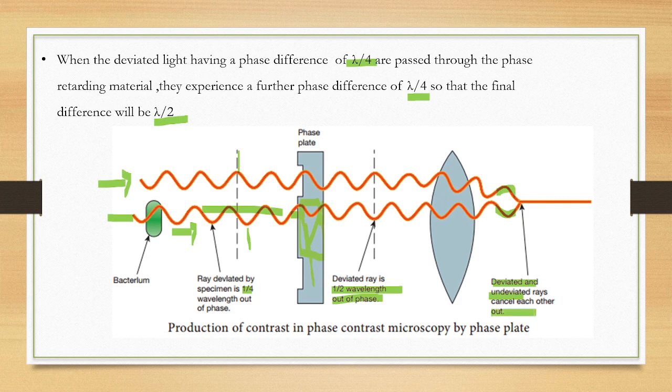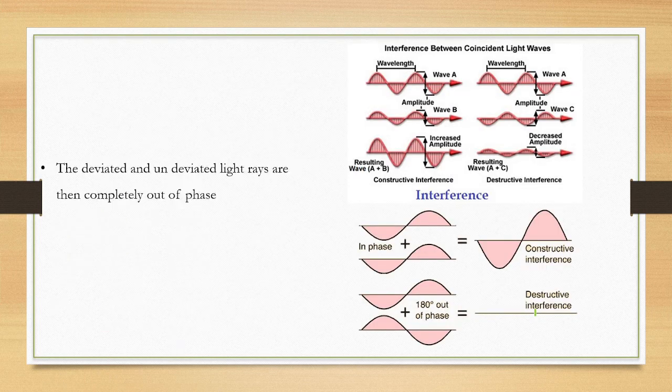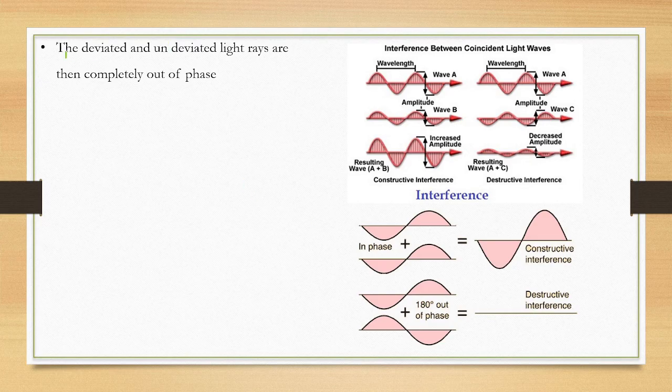Now what happens? Let's look at that. The deviated and undeviated lights are then completely out of phase. Completely out of phase means the peak and trough are in opposite directions. This is the peak of one wave, and this is the trough of the other wave.